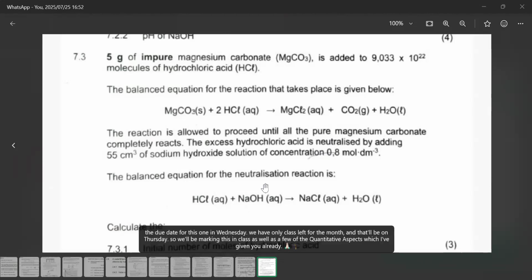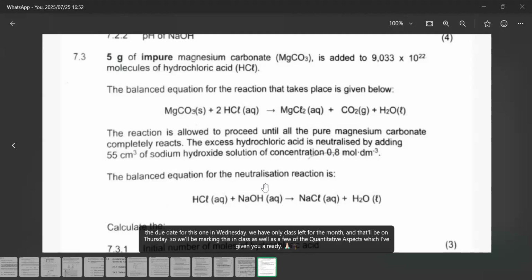That's what I should have said. Nevertheless, the reaction is allowed to proceed until all the pure magnesium carbonate completely reacts. In other words, magnesium carbonate is the limiting reagent.